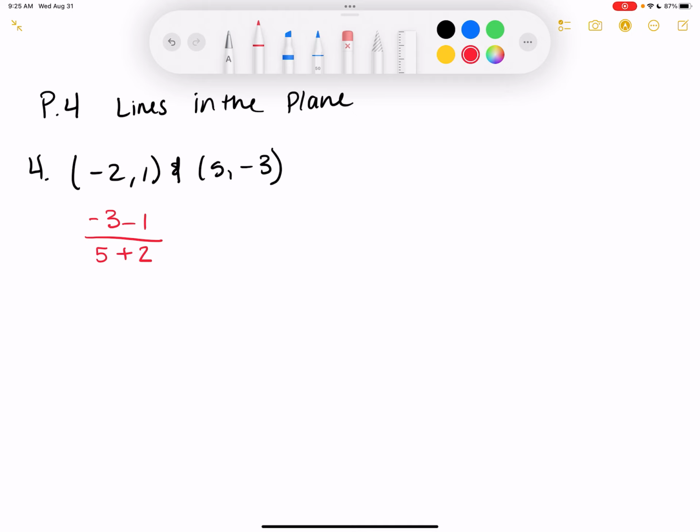Minus a negative is plus 2. So that gives you -4 over 7, and that's your slope. Should be easy stuff.